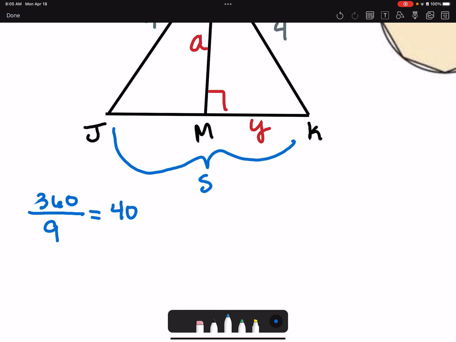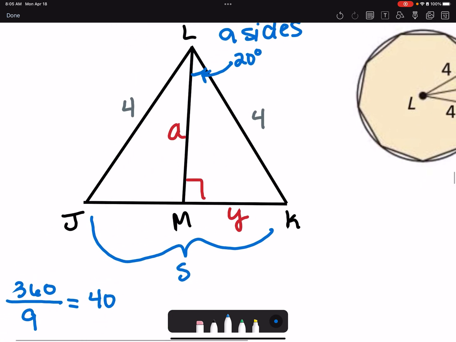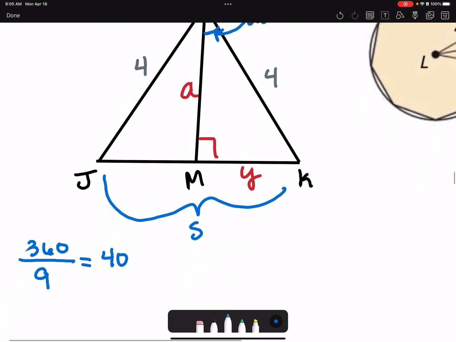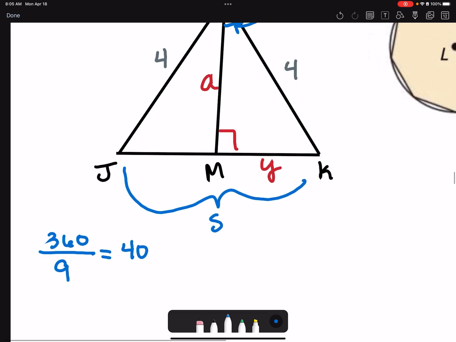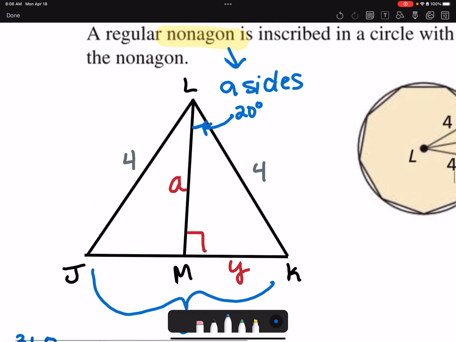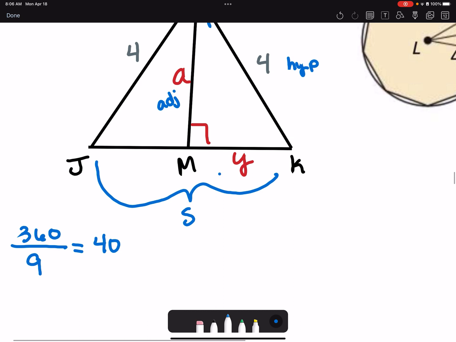The second step to this is I need to solve for the sides. To do that, I'm going to have to use my trig functions from chapter 9. So we're going to start with the apothem. Starting with the 20 degrees as my reference angle, my apothem is going to be adjacent, and my 4 is going to be my hypotenuse, making my y my opposite.